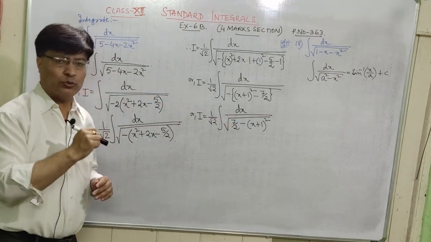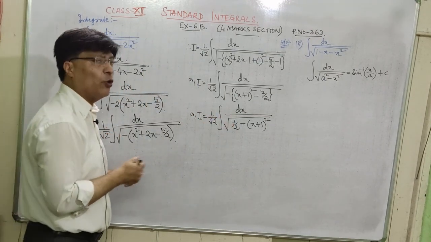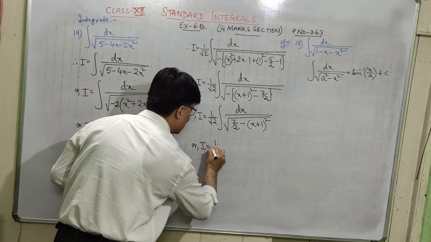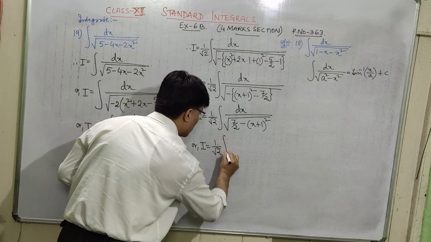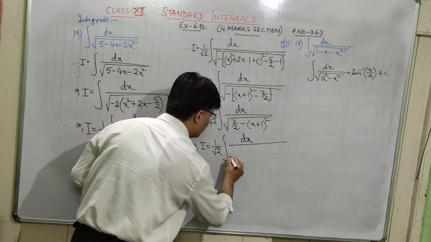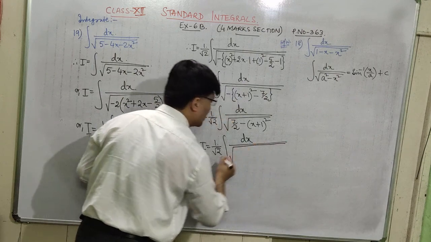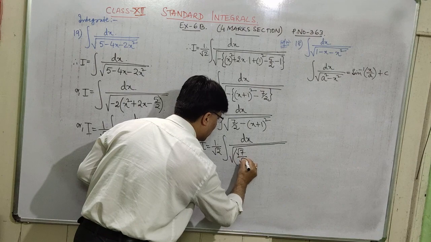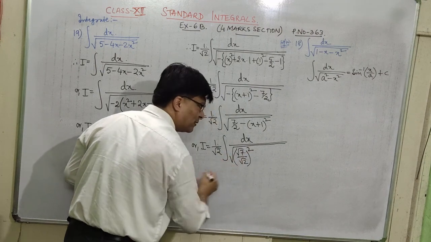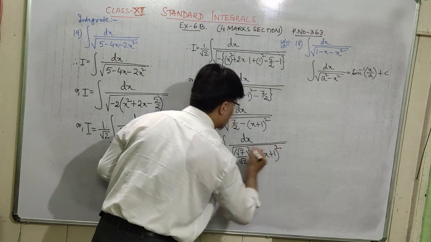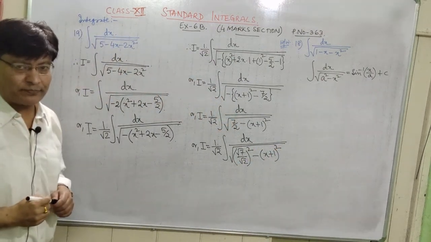So 7 by 2, you have to write it in terms of a whole square form. So I is equal to 1 by root 2 integration of dx divided by square root, root 7 by root 2 whole square, then minus x plus 1 whole square.